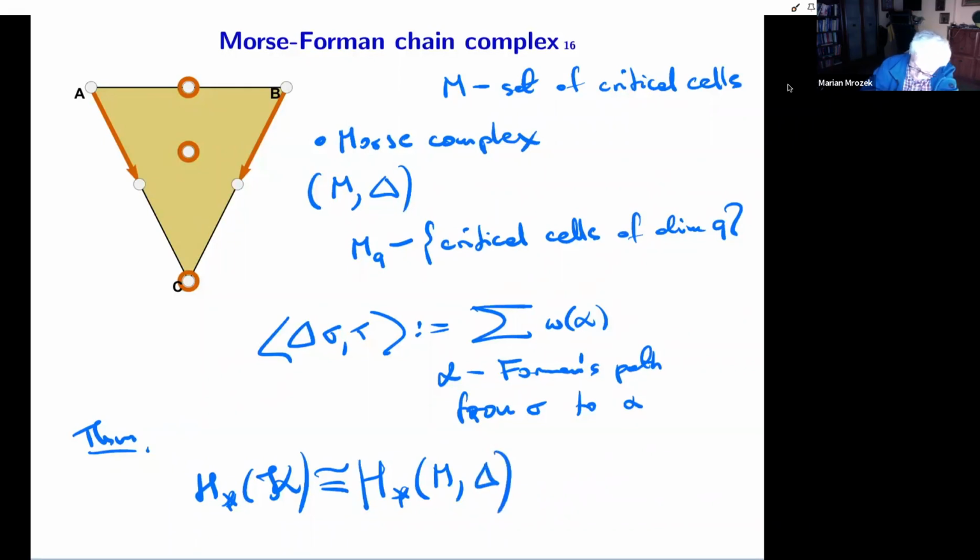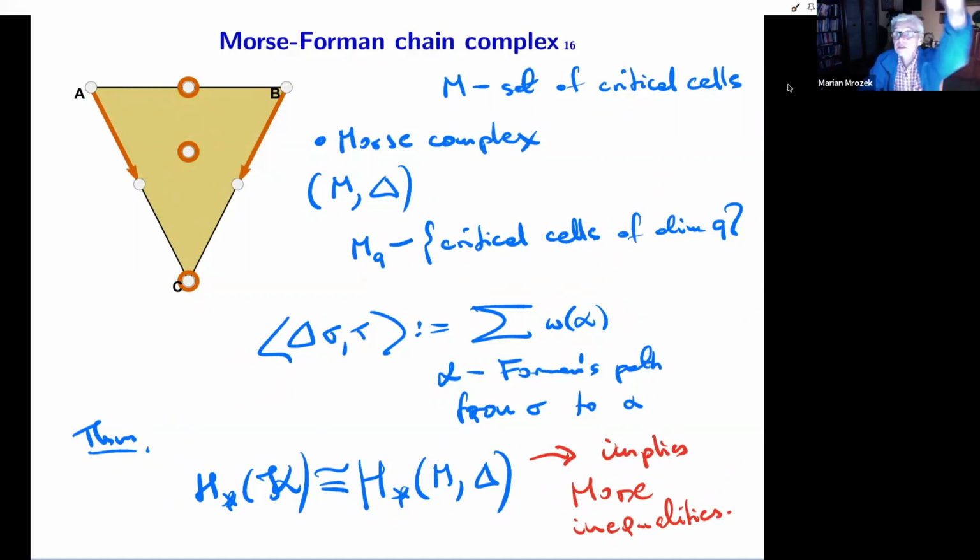And in particular, this implies these Morse inequalities. Also in this case. So in practical terms, this means that the number of critical cells must be at least the Betti number in the same dimension of the simplicial complex.